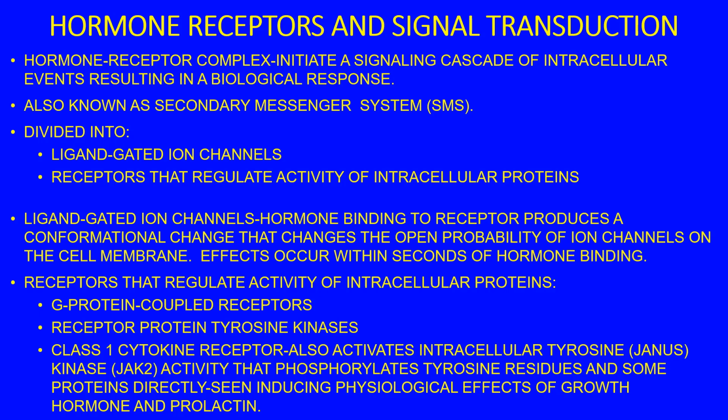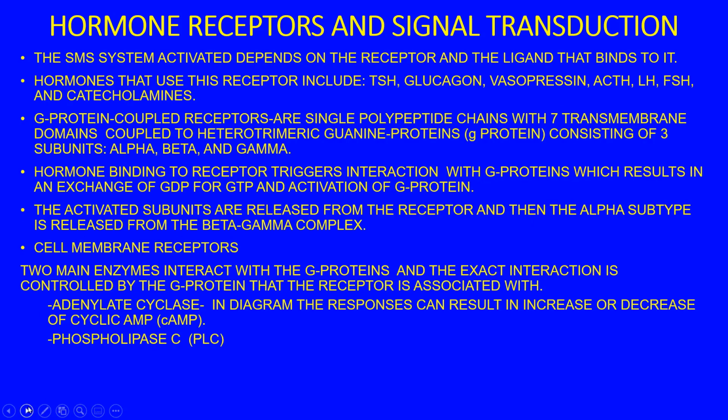You also will see it in your book. The responses can result in an increase or decrease in the making of a unique molecule, cyclic AMP. Start with ATP, and you basically make it into cyclic AMP. The other type is phospholipase C, which is an activation of that.